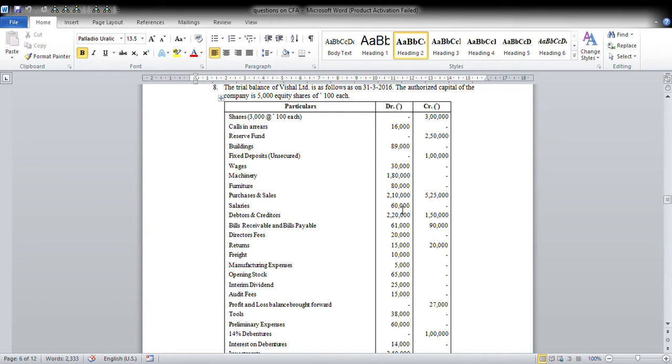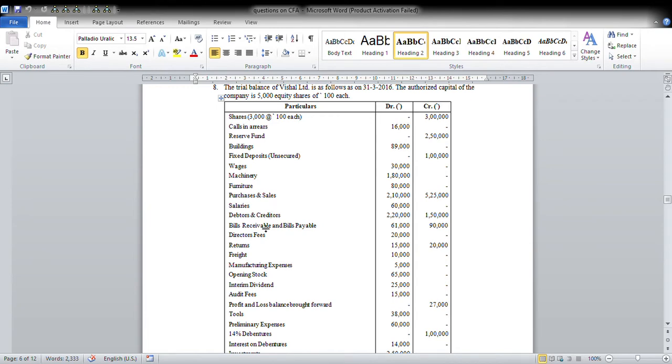I hope everyone is aware that purchases always shows a debit balance, and sales always shows a credit balance. So the purchases will be taken against the purchase of stock in trade in the profit and loss account, and the sales will be shown under the revenue from operations. Then we have salaries. So salaries will be taken again under the employee benefits.